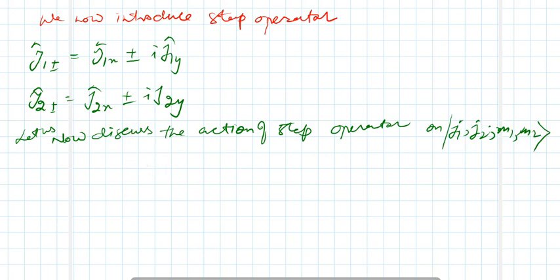For this, let us recall an equation. As we know, J plus minus |J M> can be written as h cross square root of (J minus plus M)(J plus minus M plus 1) |J, M plus minus 1>.